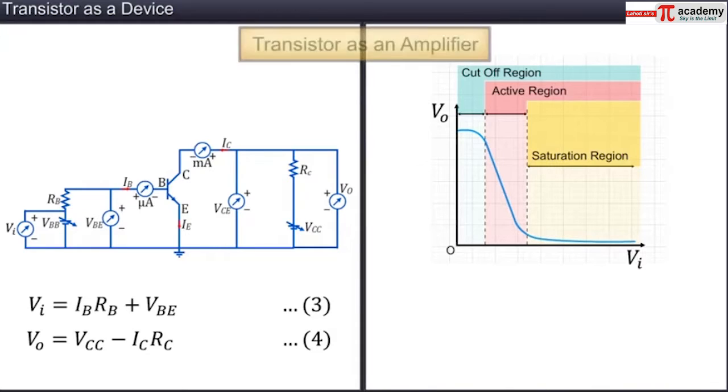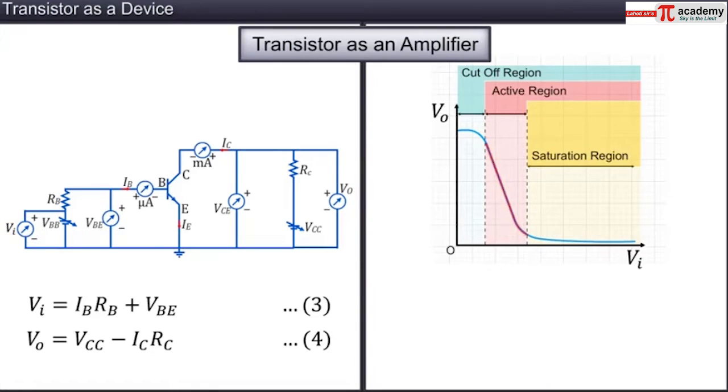Let us now discuss the transistor as an amplifier. To discuss the transistor as an amplifier, we use the active state of the transistor. In the active region of the transistor, the output voltage, VO, decreases linearly with an increase in the input voltage, VI.